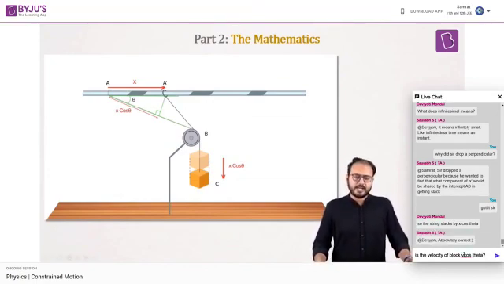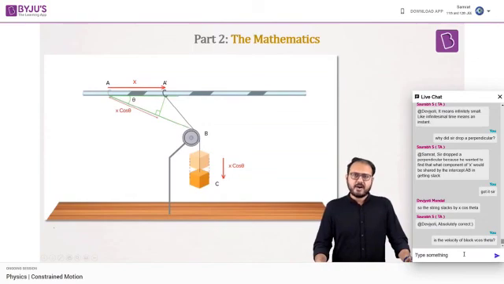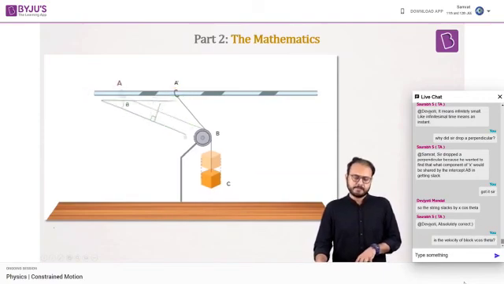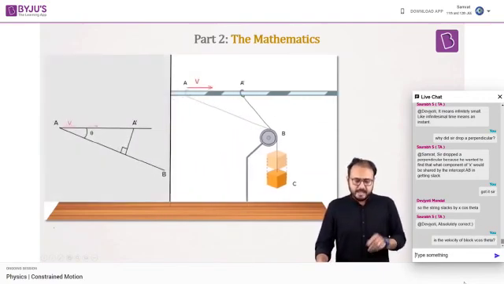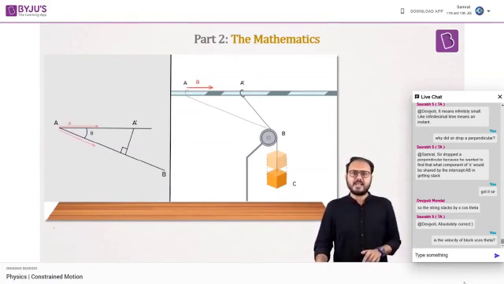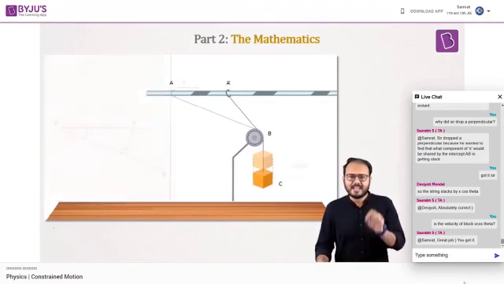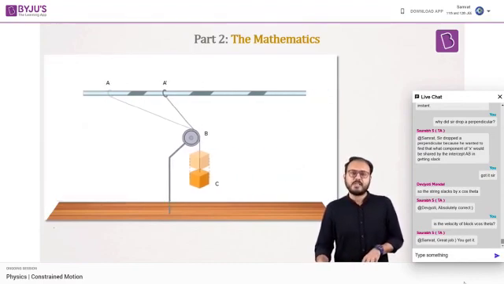So A went right by x, the string got slack by x cos theta, and C went down with the same amount x cos theta. Similarly, if A moves right with velocity v, C will also move down in the same ratio, that is, with velocity v cos theta. If A goes right with acceleration a, in the same league, C goes down with acceleration a cos theta. And that, my friends, is the magic of constraint motion.